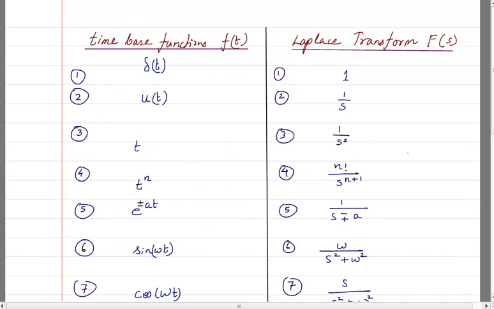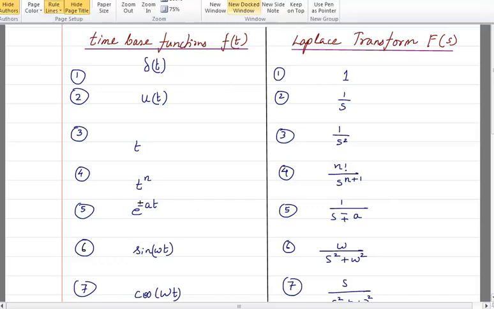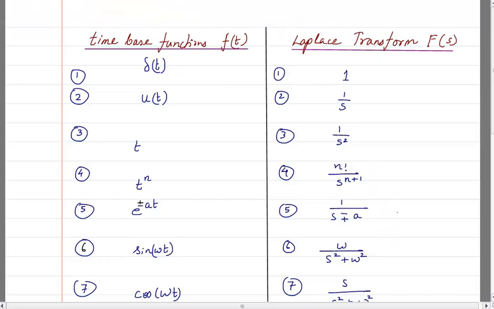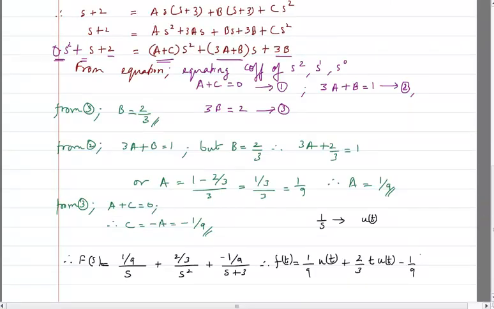Let me again look. 1 by s plus 3, yeah, the fifth one will suit. So s plus 3 means it will be e raised to power minus 3t, and I will write this one as e raised to power minus 3t u of t.